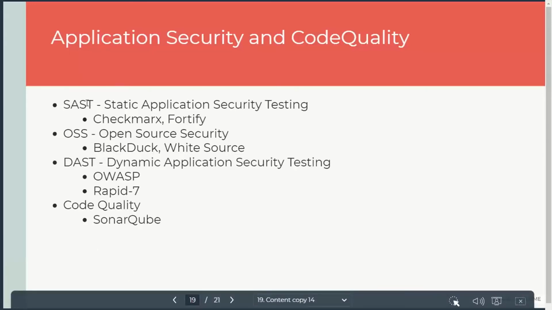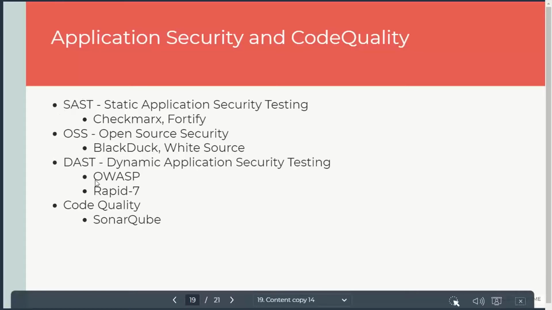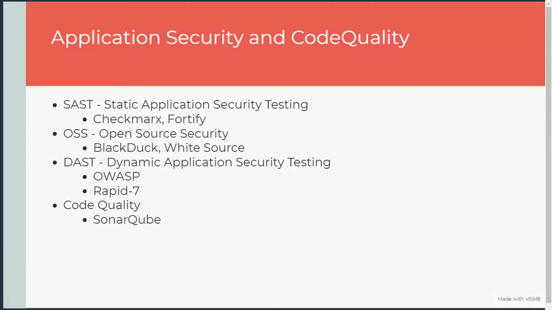But SAST tools like Checkmarx are mainly for security vulnerability scanning only. Mostly, though, what a company will do is use SAST and then code quality, like SonarQube or Checkmarx. Sometimes SonarQube won't detect an issue, but Checkmarx will find the security vulnerability, or otherwise Checkmarx won't find it, but SonarQube will.